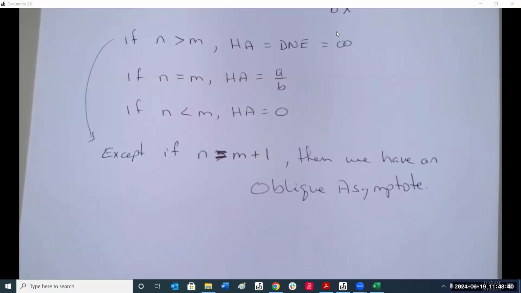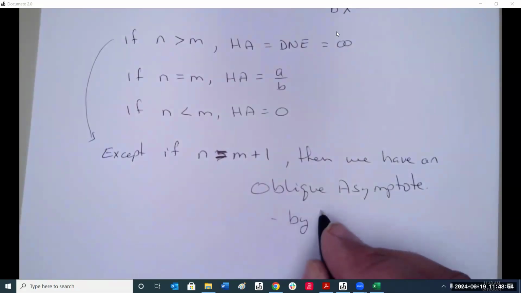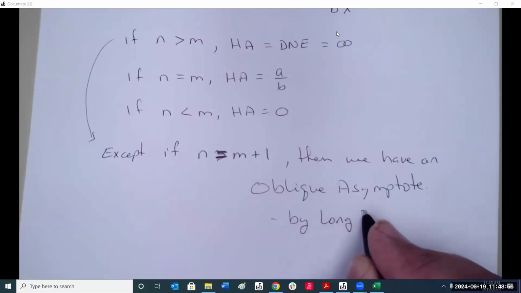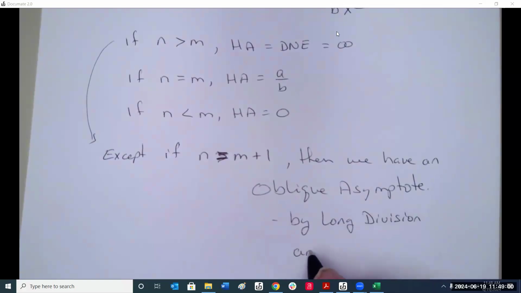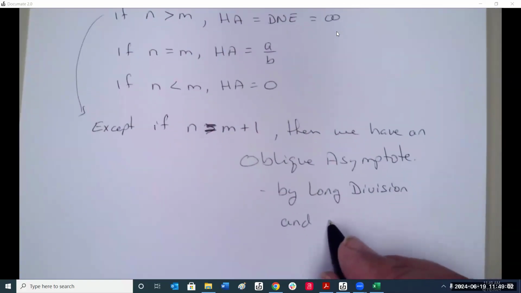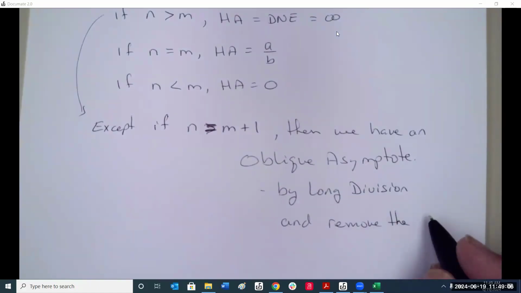How do you find the oblique asymptote? Just tell me how to find it. By long division, and remove the remainder.